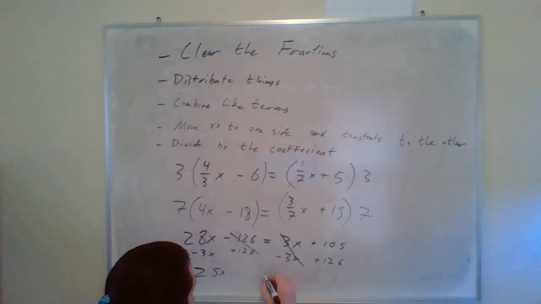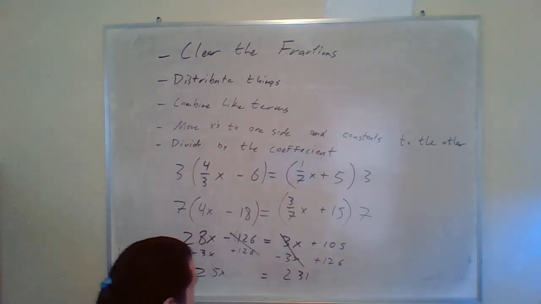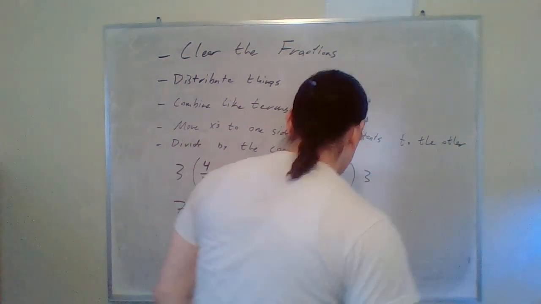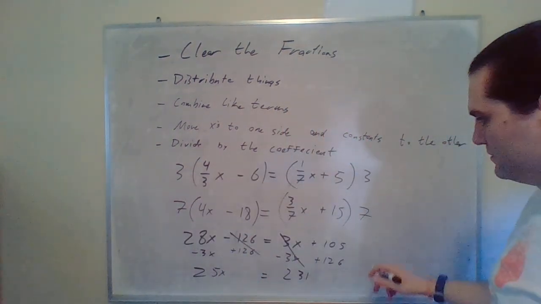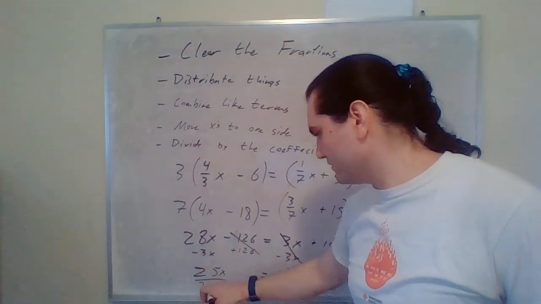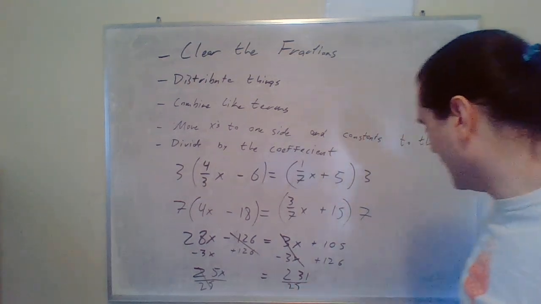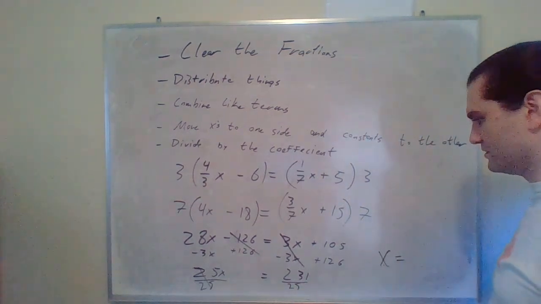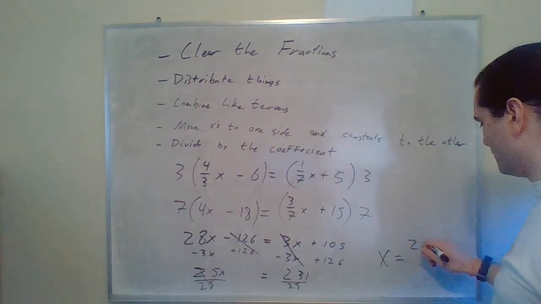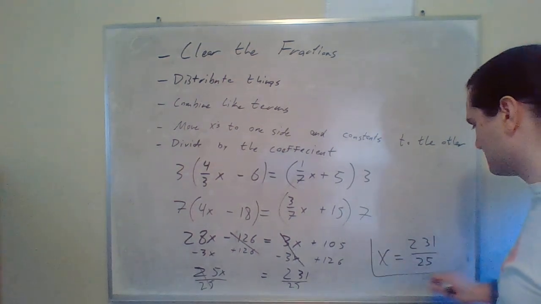That'll leave me with 231, which is not a pretty number, but I don't need it to be pretty. All that's left to do is divide everything by 25. And you get x equals 231/25.